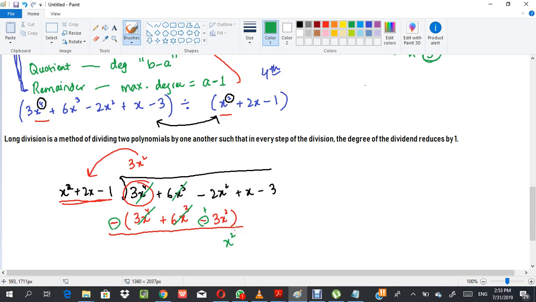Now interestingly, in this question, the degree of the polynomial reduces not by 1 but by 2. But we'll do another example in which the degree is going to reduce by 1. I'll take care that the degree does reduce by 1. Anyway, so now I'll just get this x down.